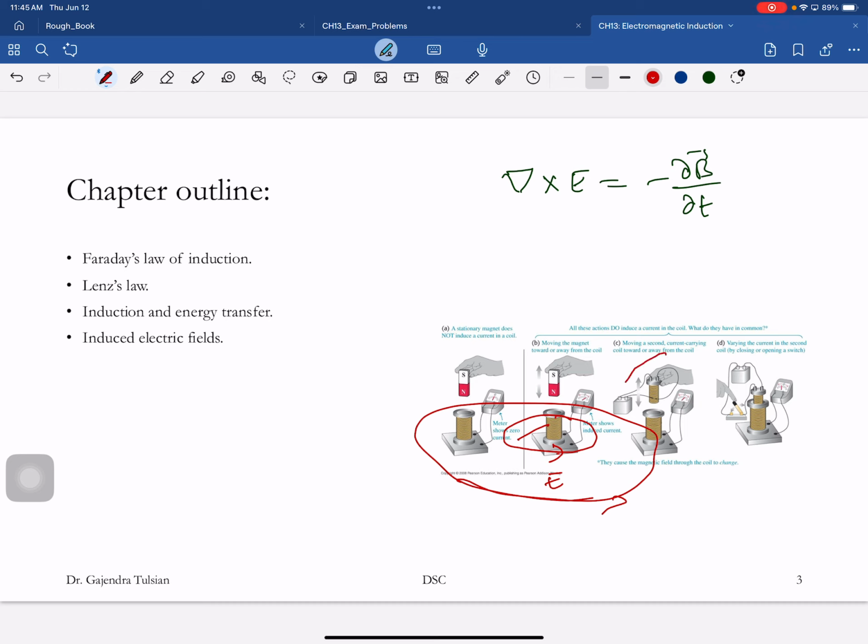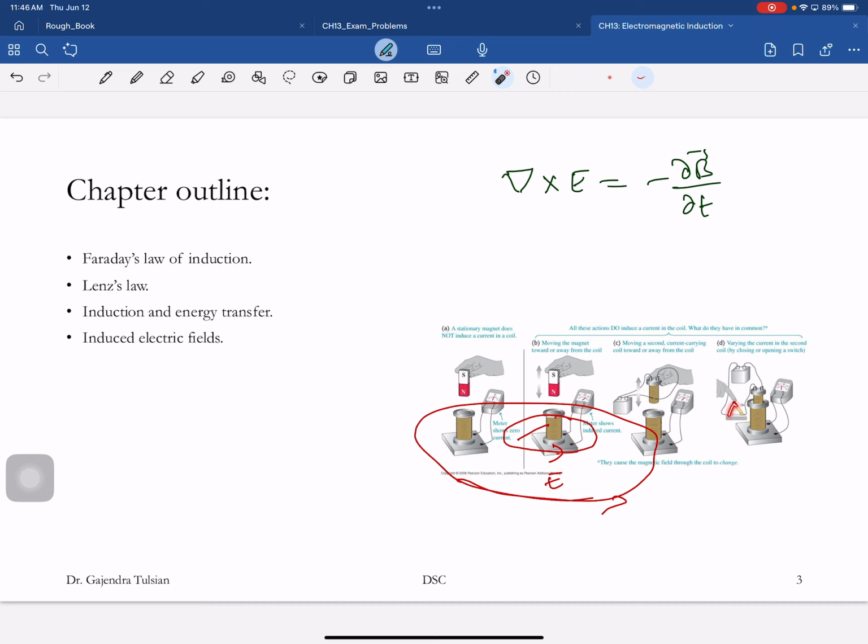So here's you saw that. What is this fellow? Very good. So this is the same thing as that. What is happening here? Here's a coil, not connected to a battery.